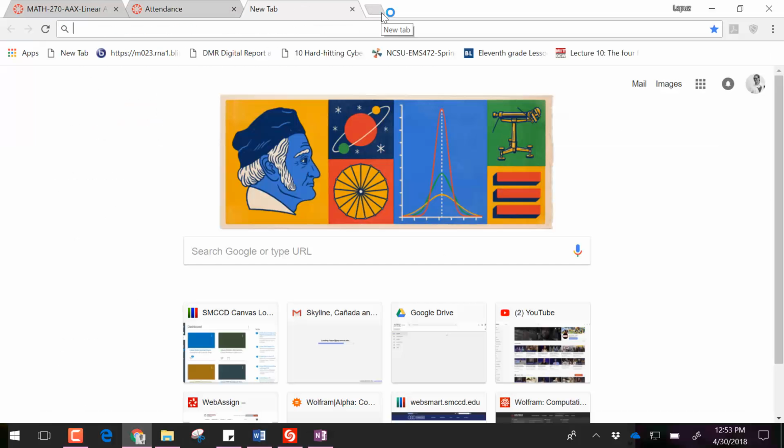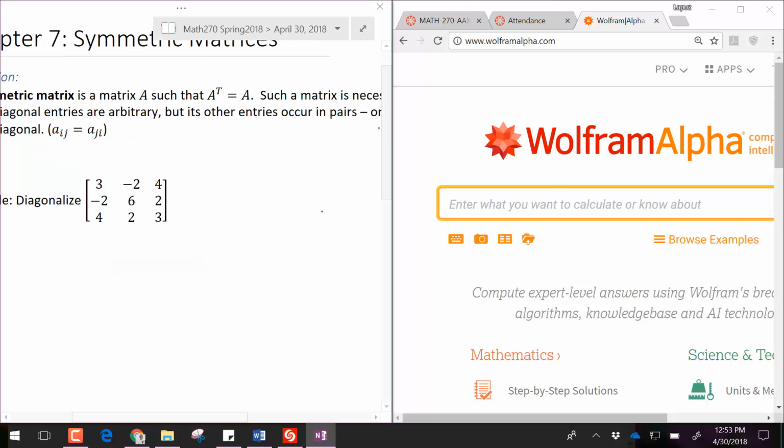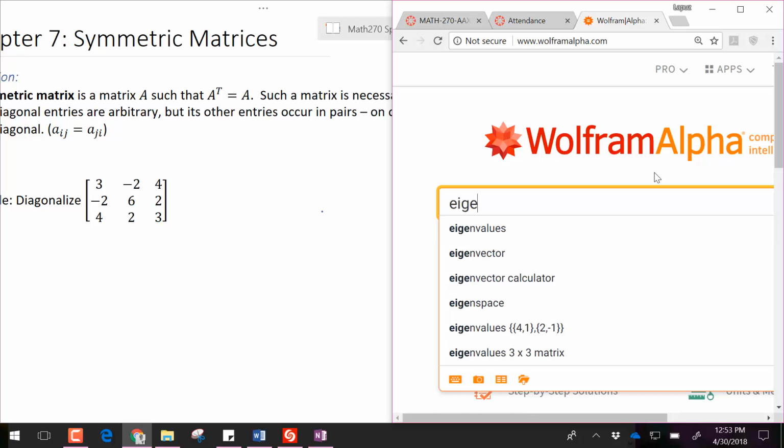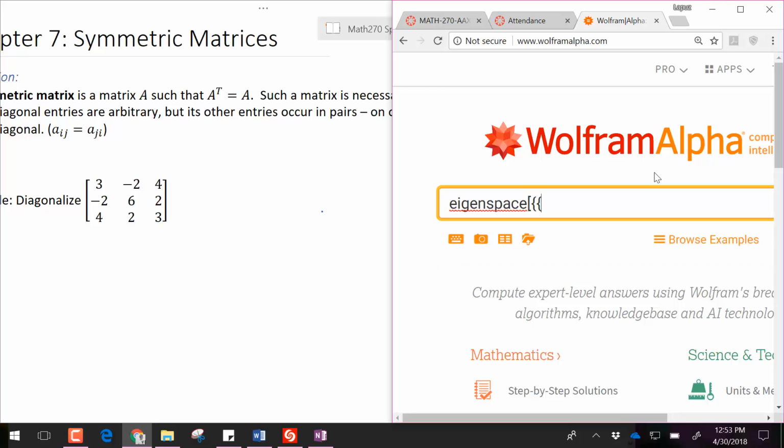So let's go to Wolfram Alpha. We've got all kinds of choices for our processes here; we can do Wolfram, we can do MATLAB. There's a command in Wolfram Mathematica called eigenspace, and you put in the matrix, and you have to go row by row.